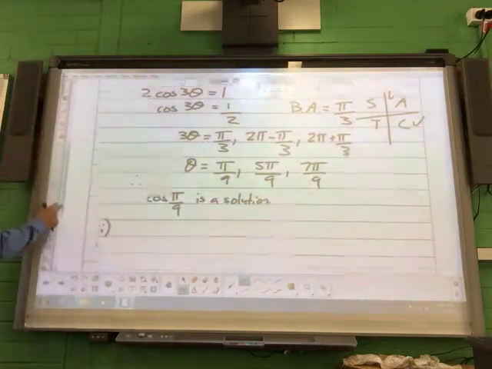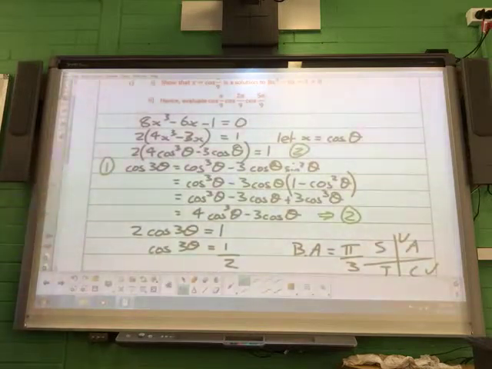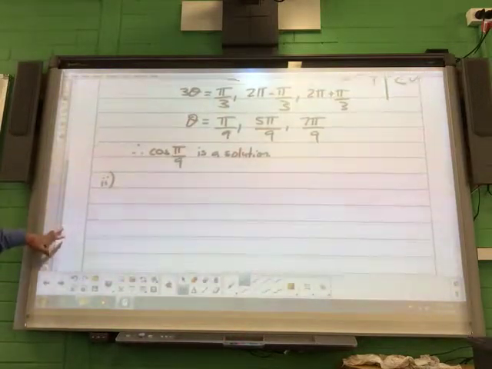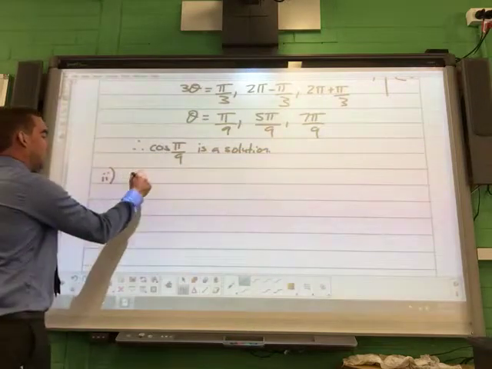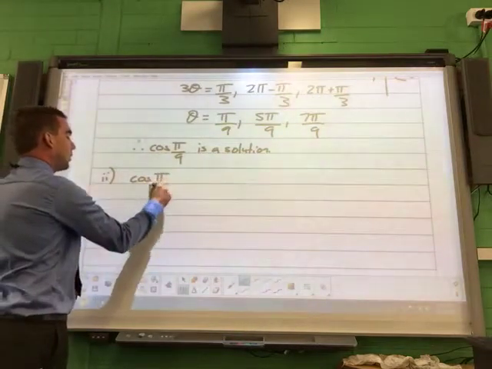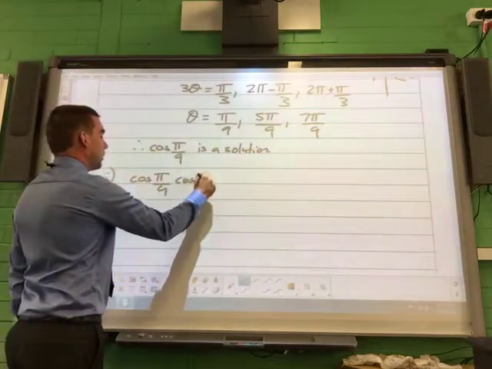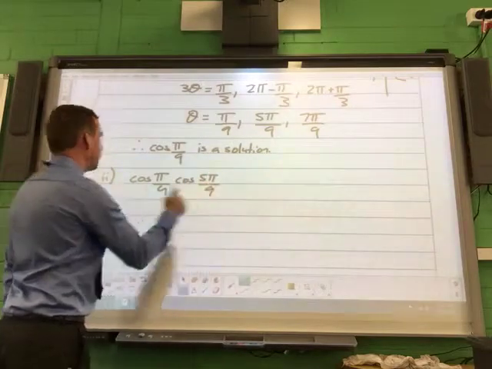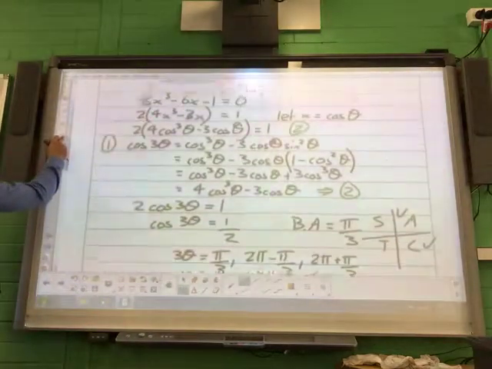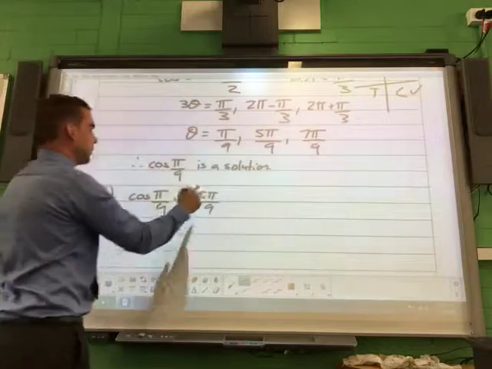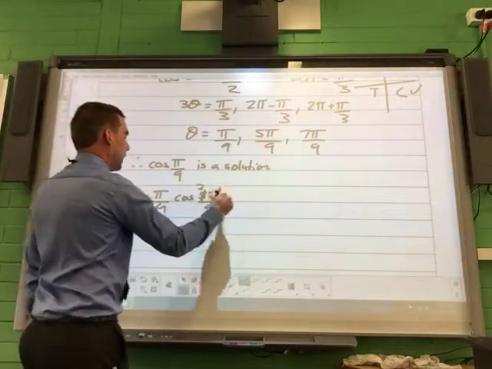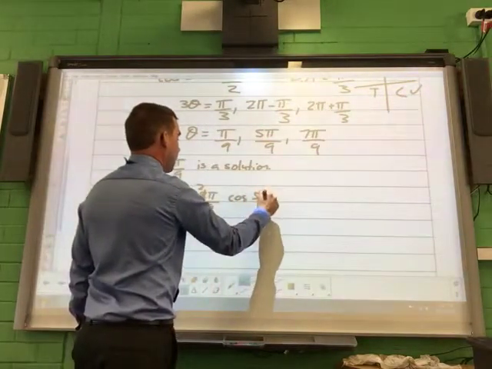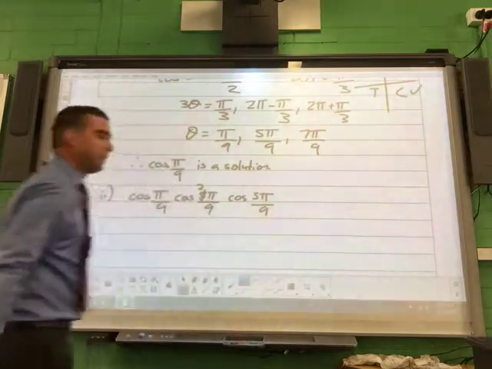Right, so the word hence means you should be using what you just used or another part of the question. Okay, if you really wanted to, you could go adventurous and do your own thing. So we need to now go cos of pi on 9, cos of 5 pi on 9. What was it? So 2 pi on 9 and cos of 5 pi on 9.